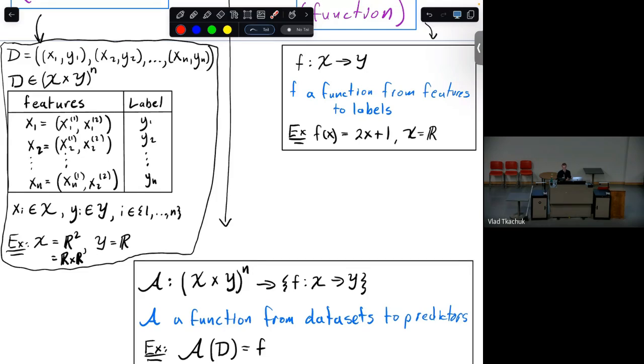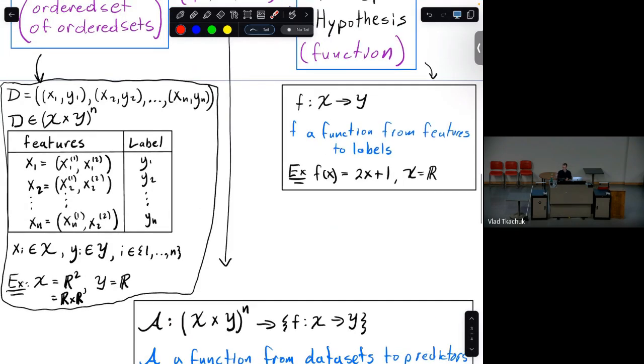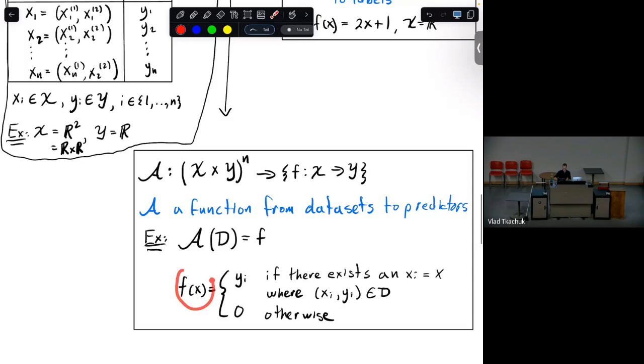So maybe the question is, does this predictor f of x, in this example here, only work for previously seen numbers of rooms? The answer is no.